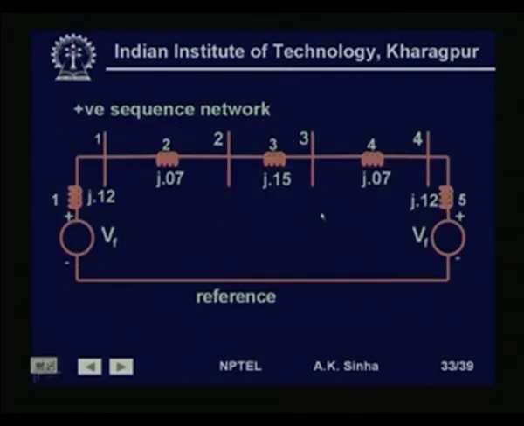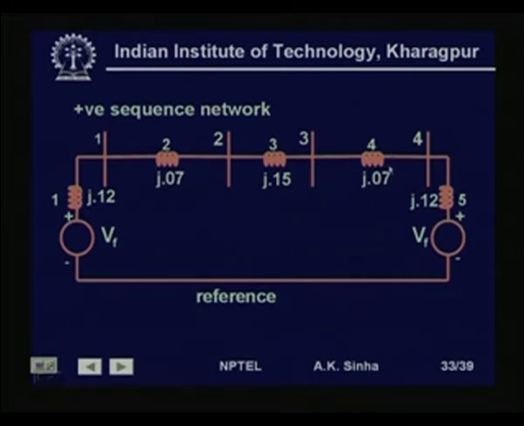When we do that, instead of 8% it comes out to be 7%. So, we have the positive sequence network for this system shown here, where this is synchronous machine 1 with its positive sequence reactance, this is the transformer T1 with positive sequence reactance 7%, that is 0.07 per unit. This is the transmission line, its positive sequence reactance is 15%.